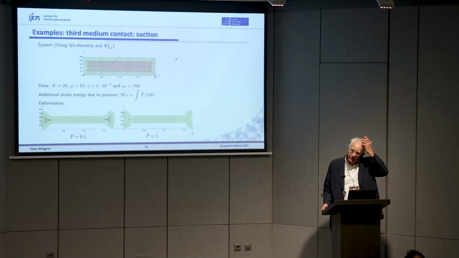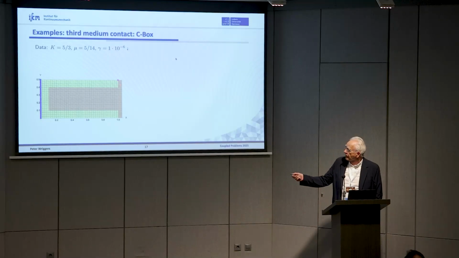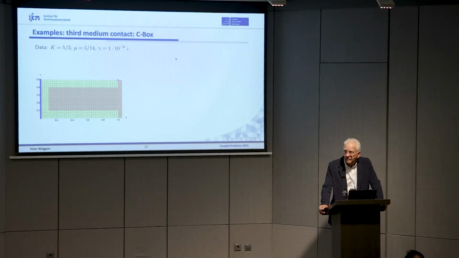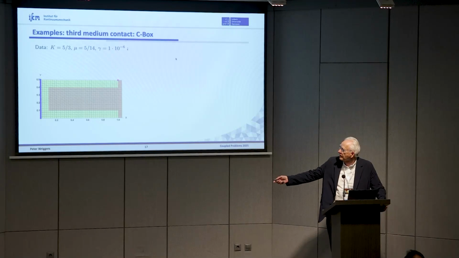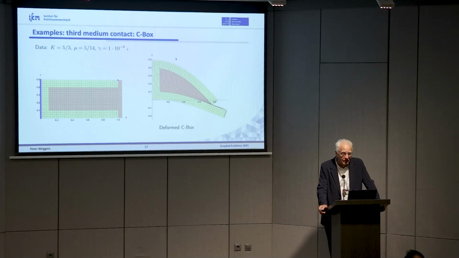So I was saying, okay, the method is quite stable from this point of view. This is also a test case where you have this C-box and you get this deformation and the point contact, which is quite neat, because this standard contact is not such an easy problem.